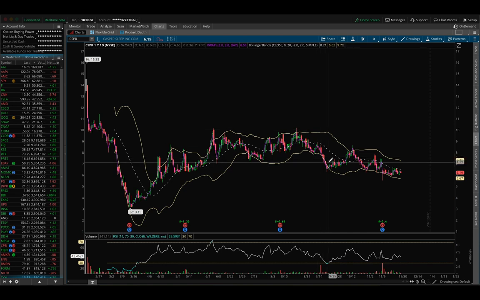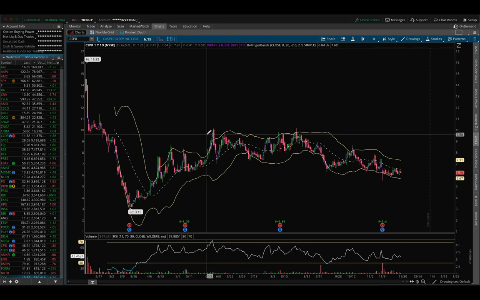I'm drawing my levels through the bodies for the most part, and the reason I do that is because I'm trying to get these levels to where the most density is, where the most accumulation is, where the most key points are, and that's going to be where the most volume is. That's where the bodies are formed, not where the wicks are formed, because those are the short time frames. There's not as much volume in the wicks.